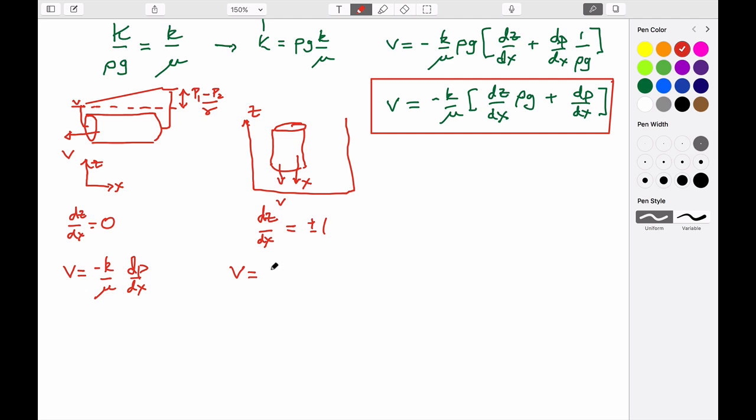And so the mere fact that this comes out to be this term here, and I'll write the individual terms, dz over dx, rho g plus dp over dx. This term here is equal to minus 1.